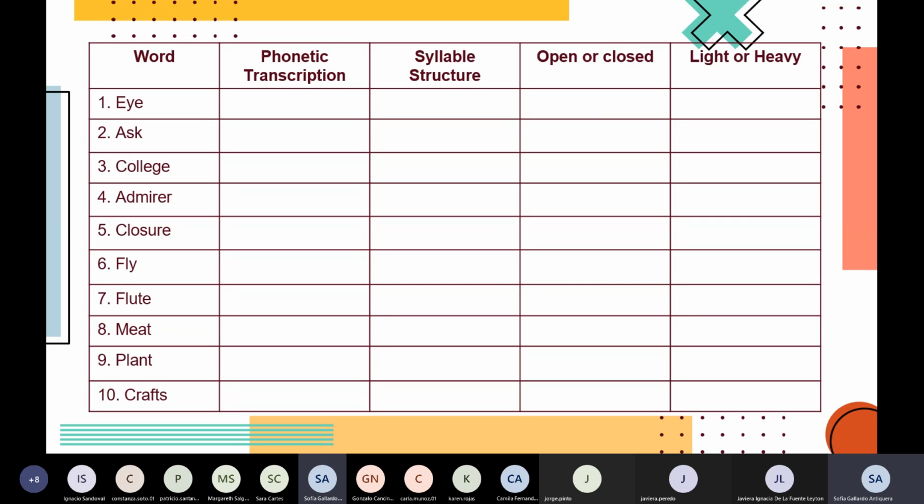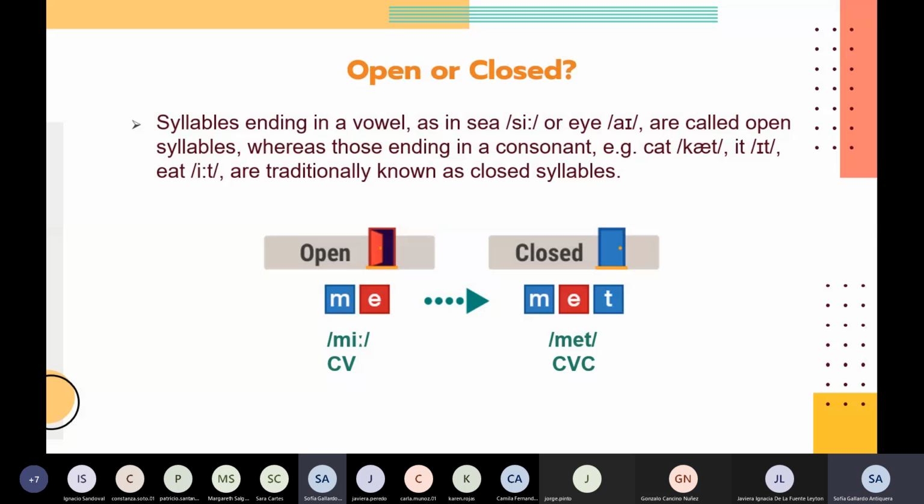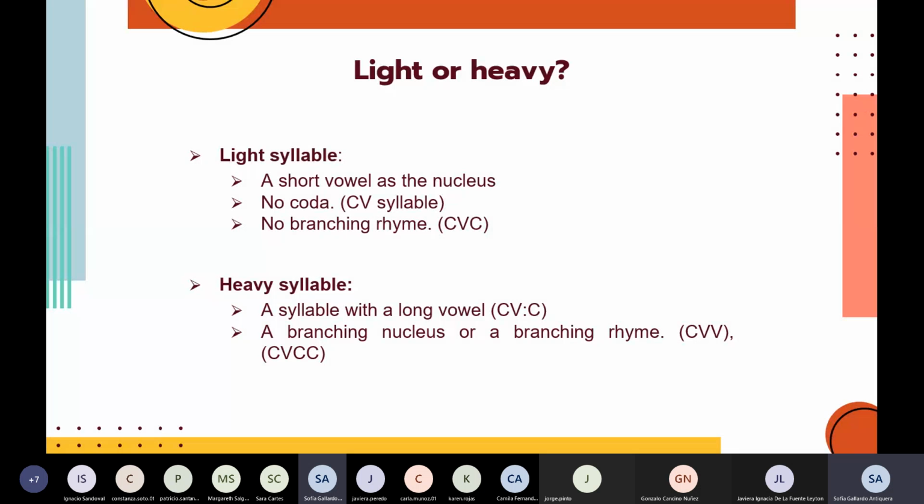Or do you think you're ready? Light and heavy again, please. Okay, perfect. We can do open and closed as well. So remember, open syllables are the ones ending with a vowel, and closed syllables are the ones ending with a consonant. Now, for light or heavy, as the nucleus you have a short vowel. So if you see a short vowel, it is most likely to be a light syllable.